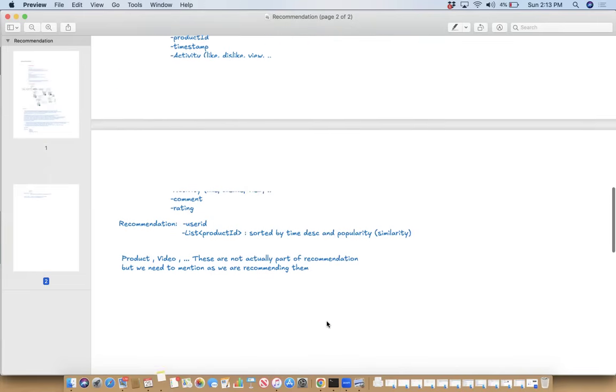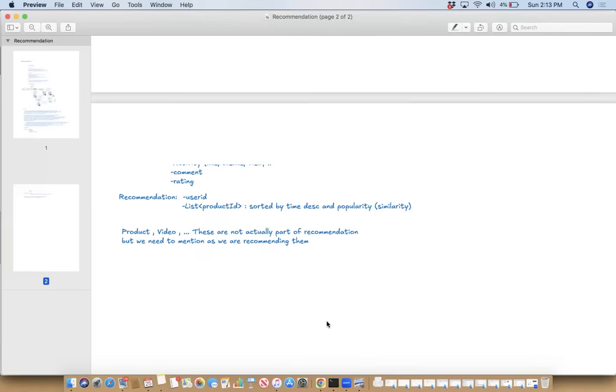The other thing is that at the end we want to store recommendations: a user ID and a list of recommendations, which means a list of product IDs. Once we have product IDs, when they want to see detail, we can fetch it from cache, memory, or database.